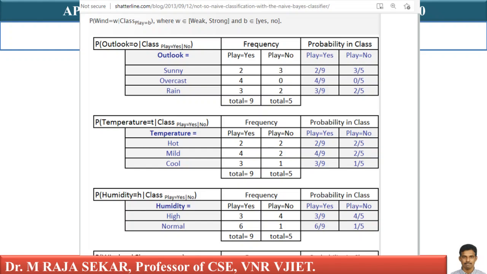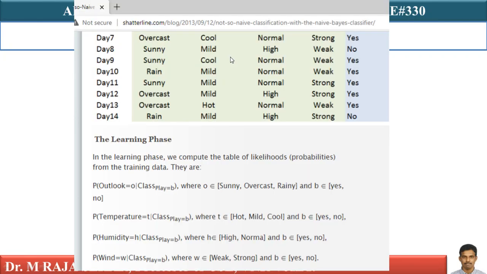Just see this one. What you have to compute in the training phase: we compute simple tables like this. This is a part of training. What do we do in these tables? In these tables we will calculate likelihoods.